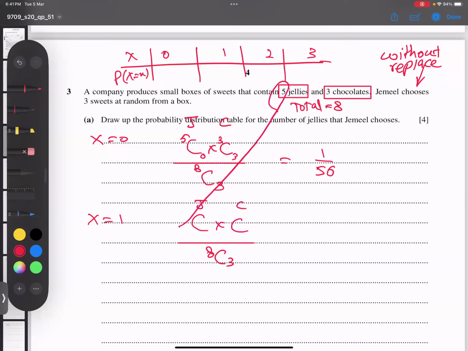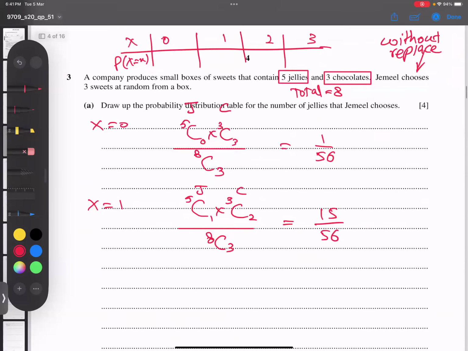Out of 5 jellies I need naturally 1, because X is 1. And out of 3 chocolates, I need 2, because 2 plus 1 gives you 3 total. If you type this in the calculator, 5C1 is 5 and 3C2 is 3, so 3 times 5 is 15. So 15 over 56, we got the second option.